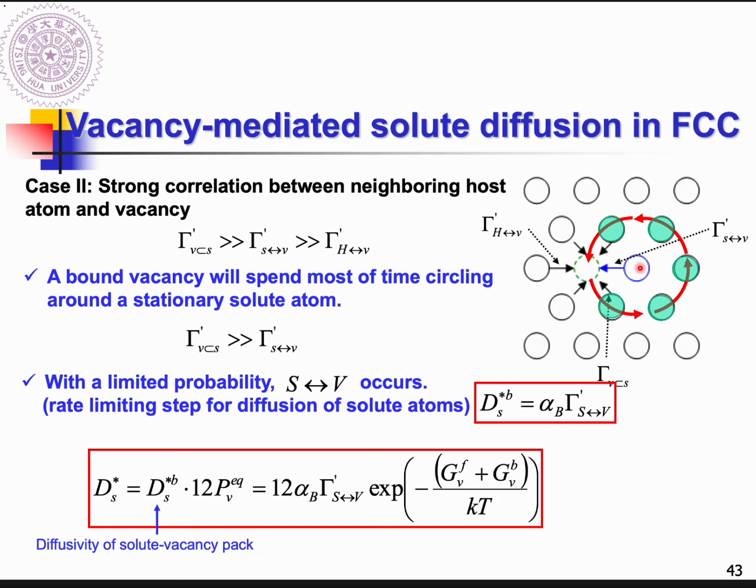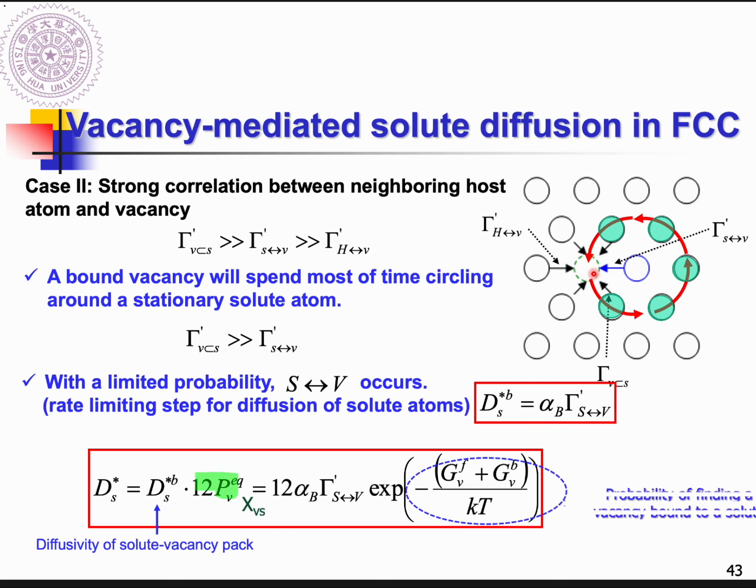But the question here is that the diffusivity of this solute inside this FCC structure will be affected by the diffusivity of the solute binding with the vacancy, and also the fraction or the probability of finding the pair of this solute and the vacancy.